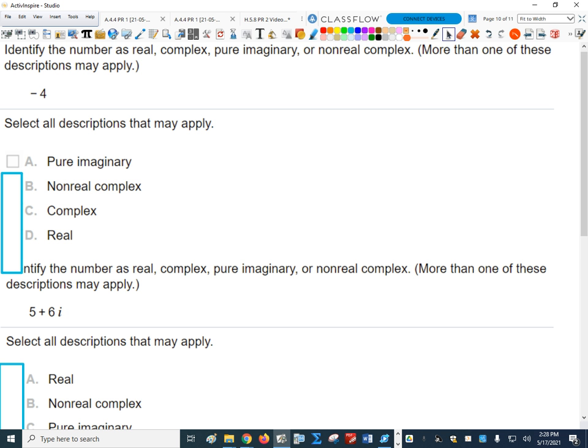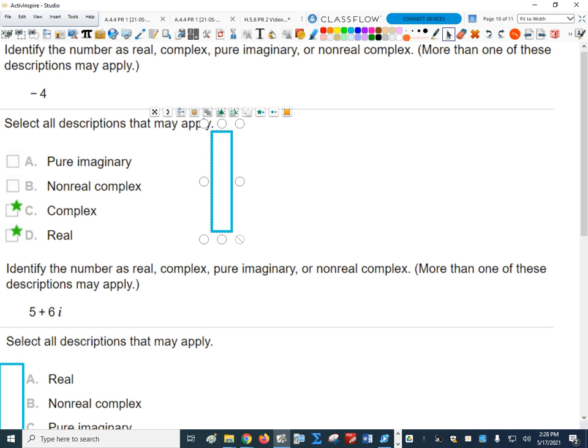Is it a non-real complex number? Thumbs down, because it is real, so it can't be non-real. Is it a complex number? It is. Every number is complex. Is it a real number? Yeah. Good.